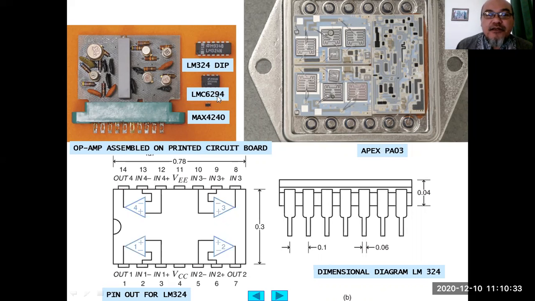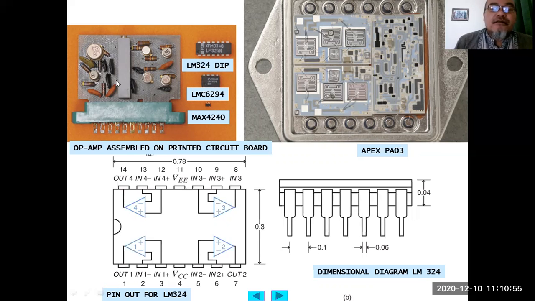This one is even smaller, LMC6294, and even now it is not uncommon to see very small op-amps like this, Max 4040. So very small footprint that you even need specific tools to attach it to any printed circuit board.